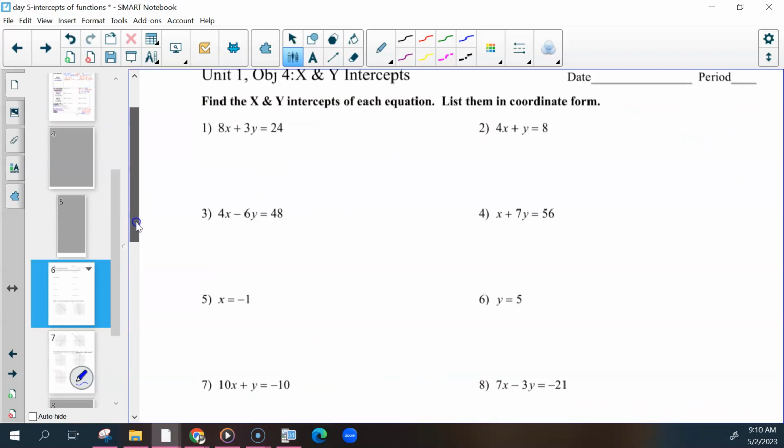So now we have some in different formats and not just y equals mx plus b format.